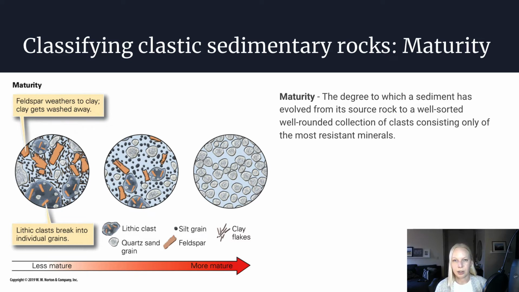Quartz, for example, is very resistant to weathering, and in a mature rock, usually quartz is one of the last minerals present. So that is a good indicator of maturity. In an immature sedimentary rock, you might find quartz as well as lithic clasts, feldspar, and other minerals present. So that's a pretty good indicator of a rock that's not very mature.